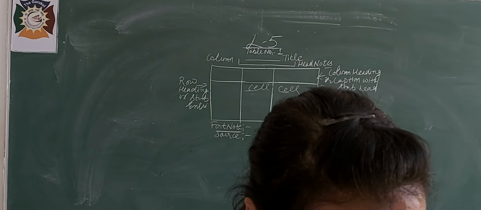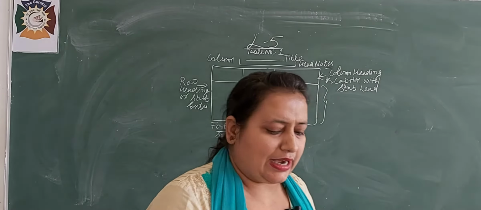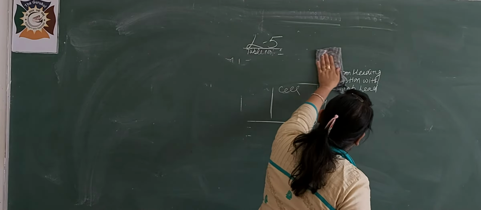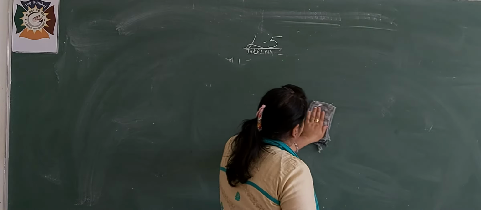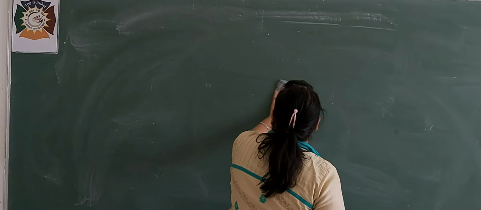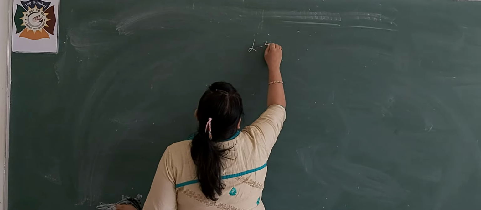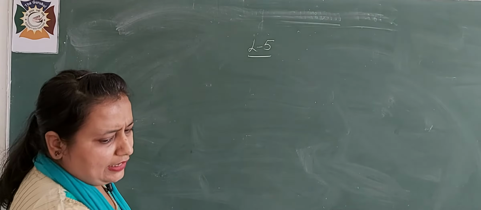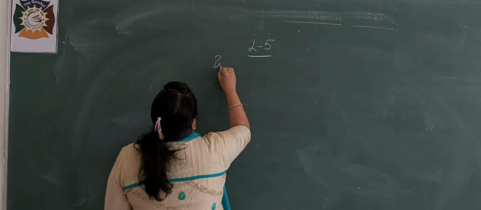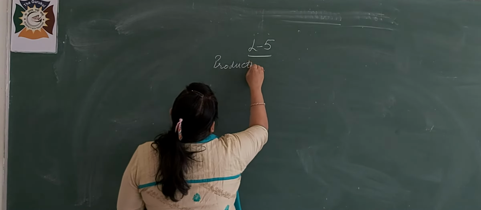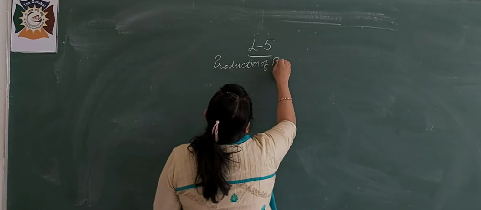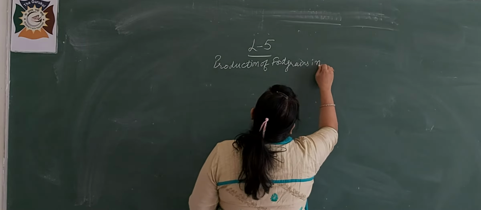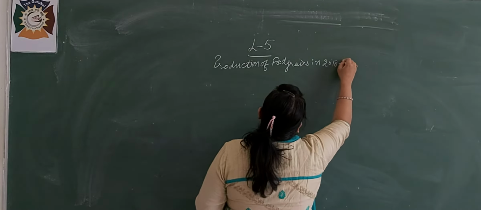I am writing one table on the board, and after that I will tell you about this table, and we will describe what the stub is here, what the table number is here, and so on. I am making one table. I am writing over there: Production of food grains in India, 2018-19.